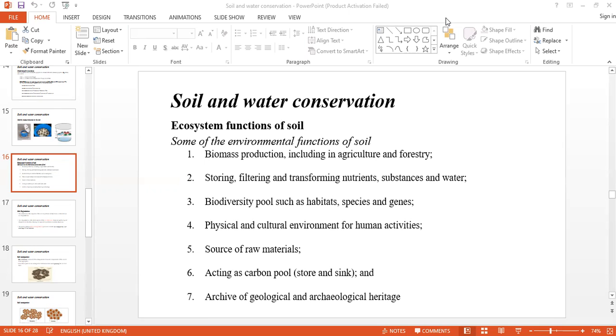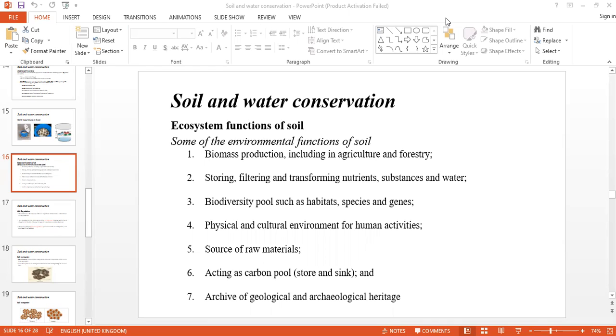We usually use soil to grow our crops because it provides nutrients, soil water, and anchorage of plants. That's the first use of the soil. These functions are going to lead us into soil conservation, because we want to conserve soil so that it is able to carry out these functions.